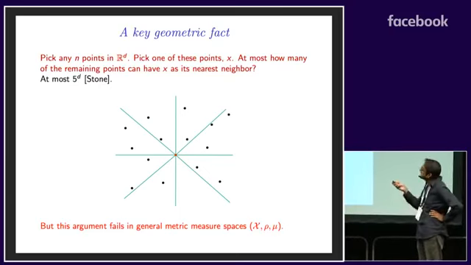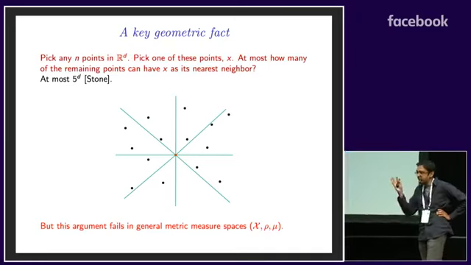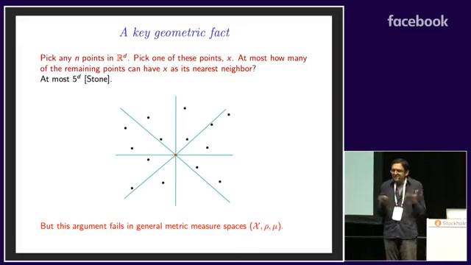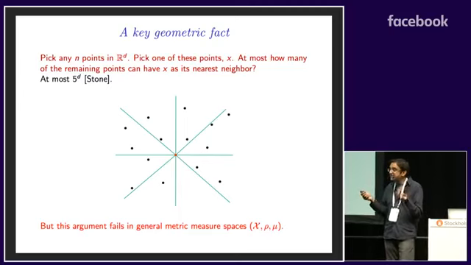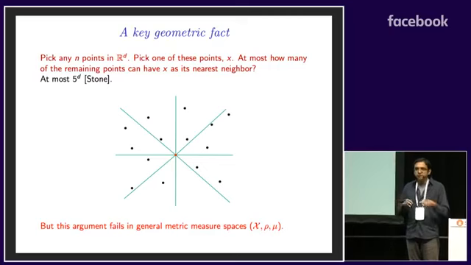So this was Stone's result. It's a really glorious result from the 70s. And it applied, however, only to finite dimensional Euclidean space. And so the question after that was, what about other spaces? What about general metric spaces? Is nearest neighbor consistent in metric spaces if one doesn't assume stuff like continuity?